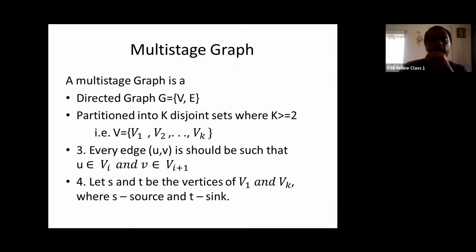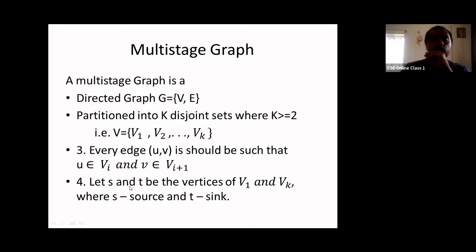Then here we have single-vertex stages: the first stage will contain a single vertex and the last stage will also contain a single vertex. That is, V1 will contain one vertex and the last stage, Vk, will contain one vertex.